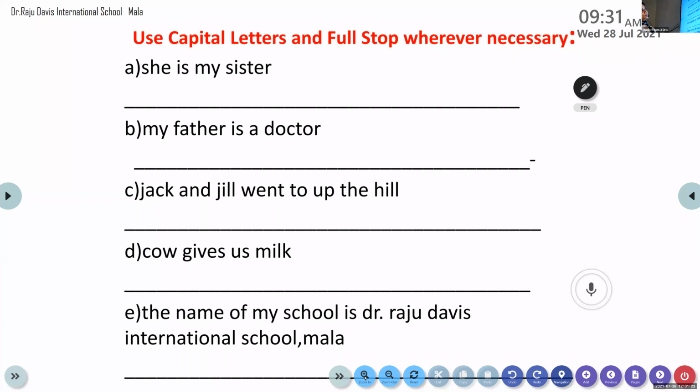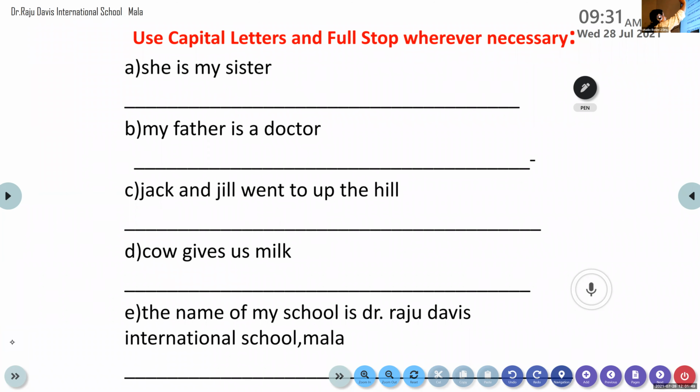Can we start, my dear children? Yes, can we start? Yes. Now, we have to rewrite the sentence using the capital letters and full stop wherever necessary.